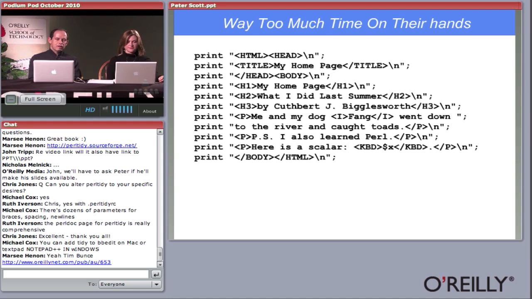But avoid that repetition, like in things like this, which is ridiculous. But I see this many, many times. People print out HTML code from within a Perl program with all these print statements. I've been guilty of that. And you could print it out as a single section, like we did.